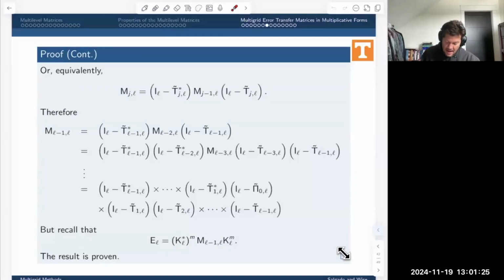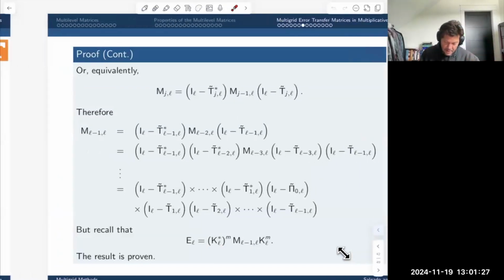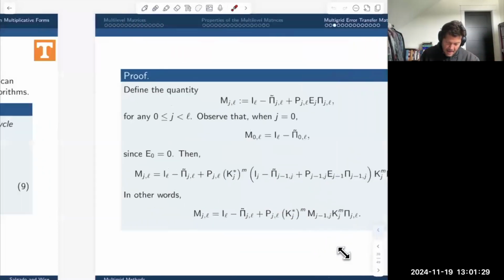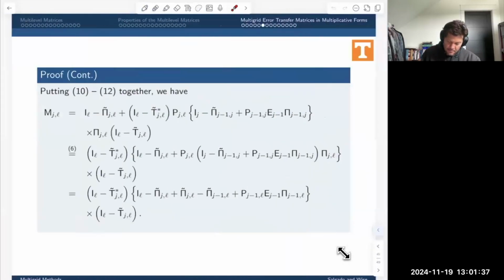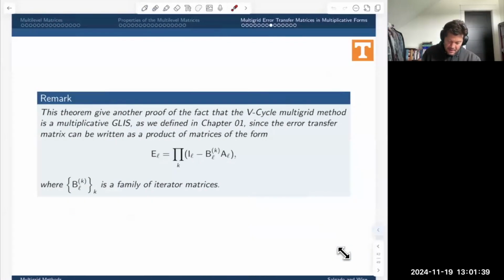And let's see how knowing this fact is beneficial for us. Well, the first thing to observe is that we can prove, therefore, that our error can be written as a product of matrices which look like this: I_L minus B_L times A_L, a product of a bunch of those, where these B_L^k form a family of iterator matrices.